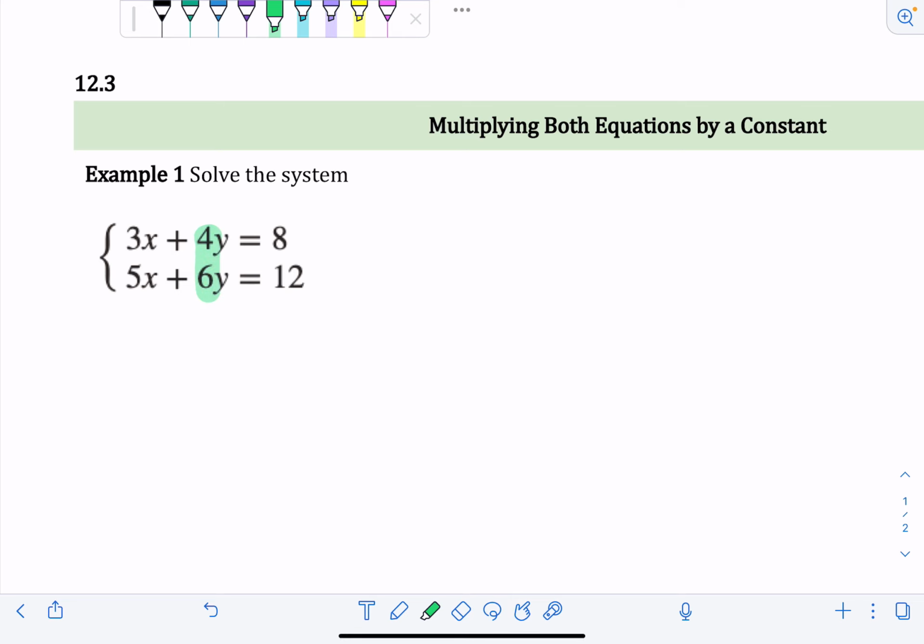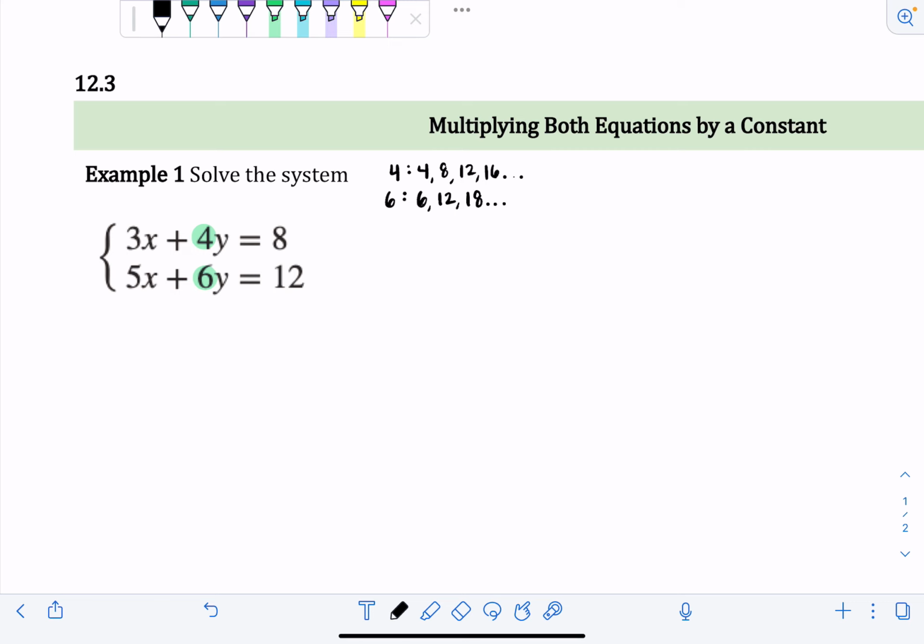So if I want the y's to match up, I'm going to find the least common multiple between 4 and 6. So for 4, the multiples are 4, 8, 12, 16, because it's 4 times 1, 4 times 2, 4 times 3, 4 times 4. And then for 6, the multiples are 6, 12, 18, and so on.